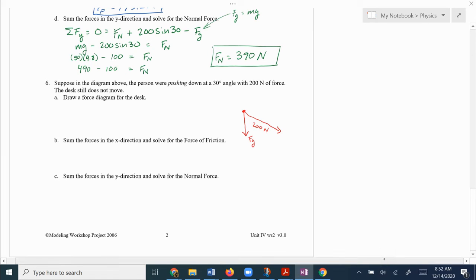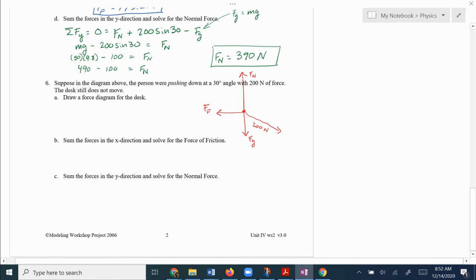We're actually going to have a larger normal force this time because it has to cancel out the force of gravity and your downward push. Also have force of friction. It doesn't matter if you make it push to the right or push to the left. It's going to basically be the same thing.